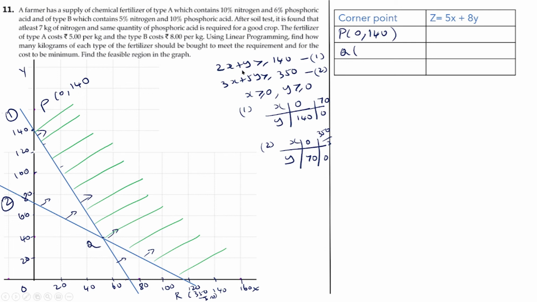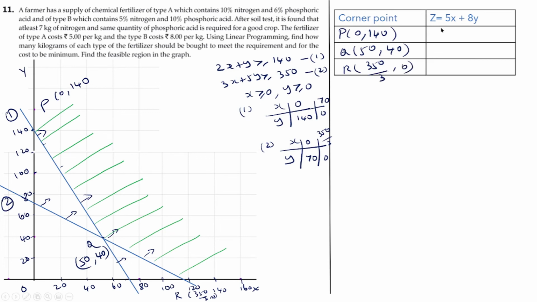If we substitute y as 40 in 1, we get 2x is equal to 100, so x is 50. So the coordinates for Q is 50, 40. Q is 50, 40. And R is 350 by 3, 0.